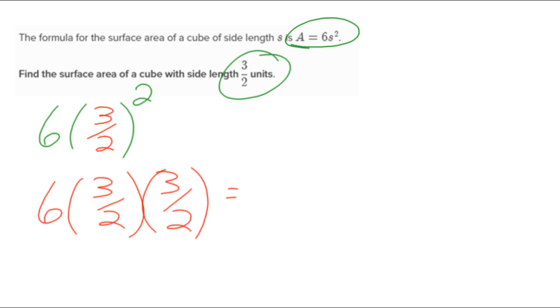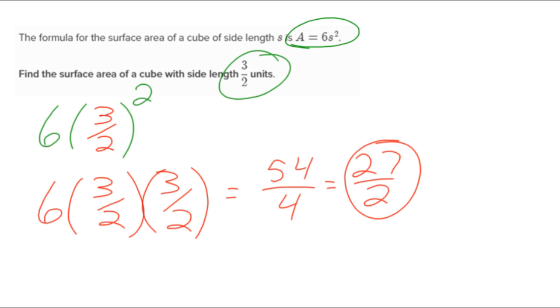When you multiply that out, you're going to get 54 fourths, not on your calculator because it will already reduce it for you, which is 27 halves. You could put in 27 halves, or on your calculator, you would have had 13 and 1/2. You can put in either answer for Khan Academy. It'll count both of them correct.